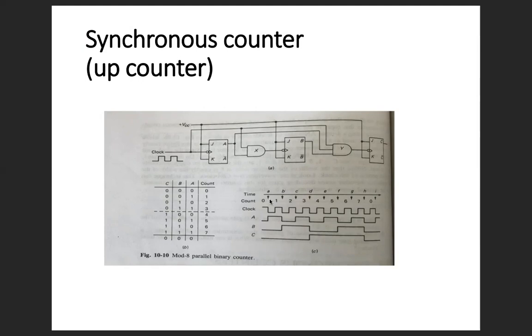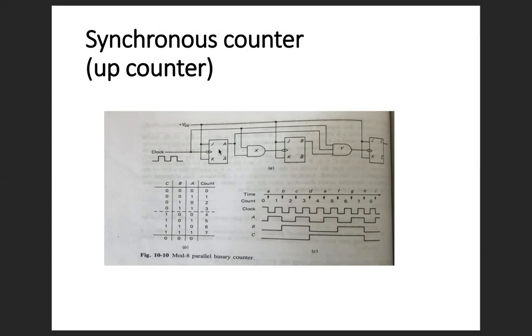Whereas in case of asynchronous counter, the output display from individual flip-flops will be delayed. The first flip-flop will display a bit faster because the clock signal will be given to it first.